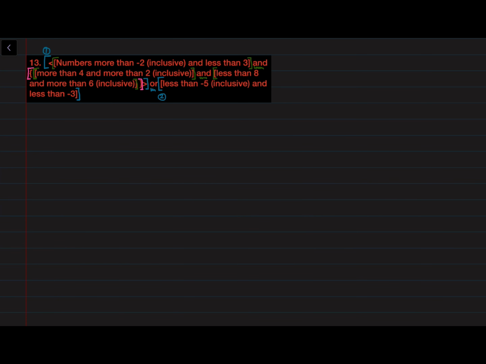So what we're going to do is work with the green ones first, then the pink, and then the blue. And then we're going to combine blue 1 and blue 2 to get to our final answer.